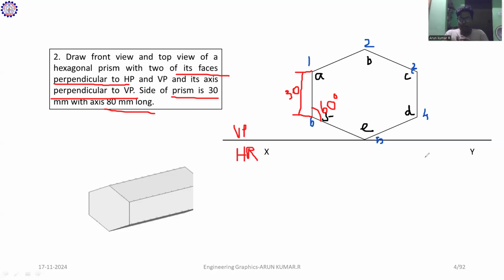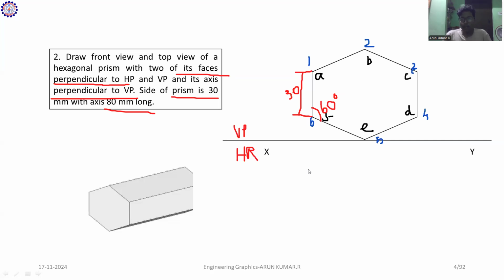What I have to do is project each corner. I have to project A and 5, B and E, and C and D, or numberwise 1, 6, 2, 5, and 3, 4.